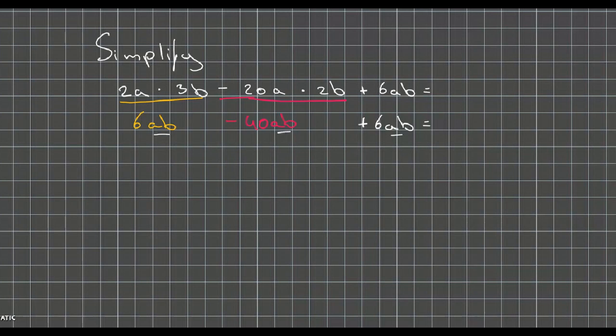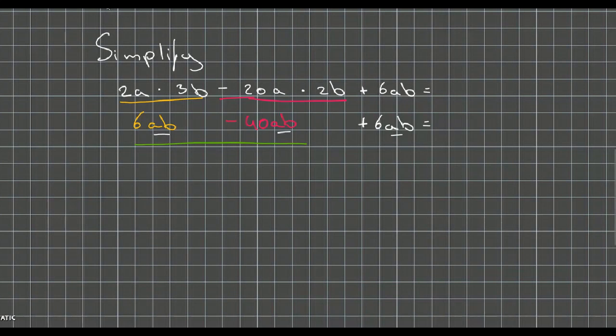We have like terms right here, here, and here. That means we can add and subtract all of those together. And we go from left to right. So first, we subtract 40ab from 6ab.